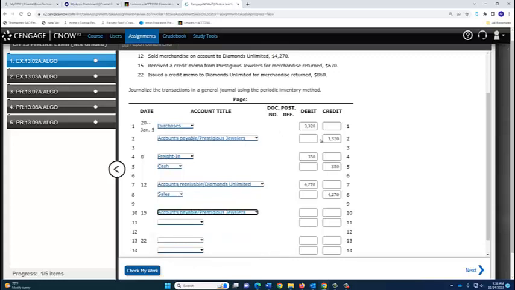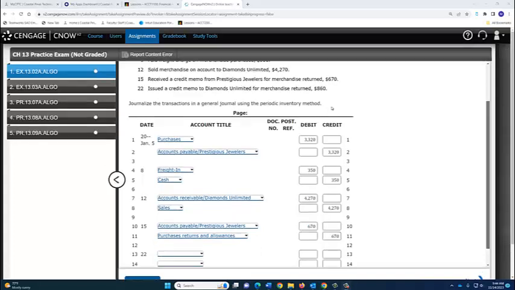We originally owed a credit of $33.20, and now we're going to reduce that amount by $6.70. And then we're going to credit purchase returns and allowance.